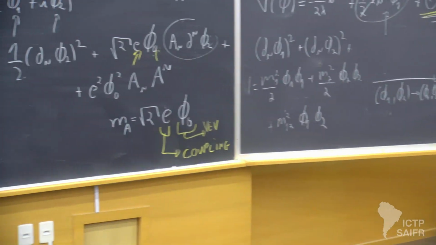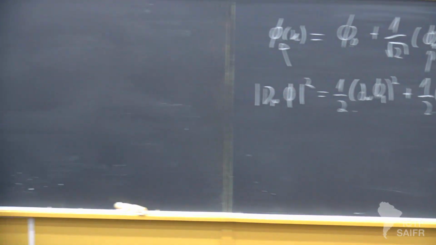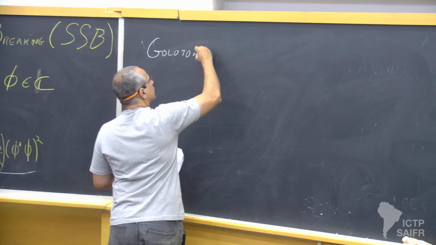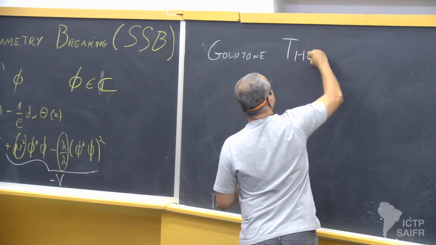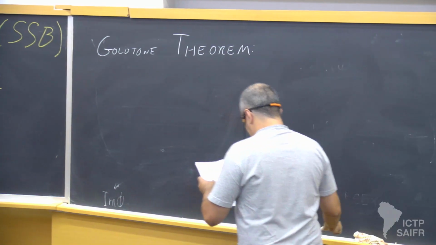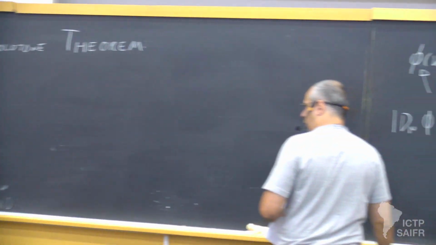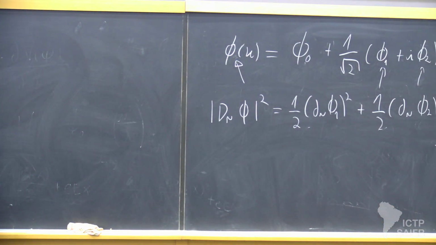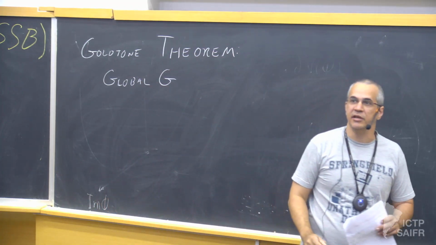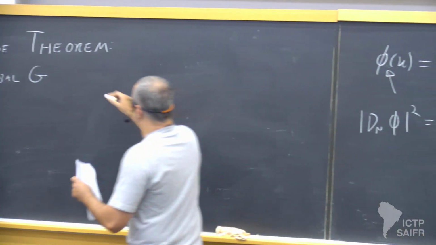So the theorems are Goldstone theorem, and it tells me that if you break a global symmetry, say, let's call the group G, right, to a smaller, right?